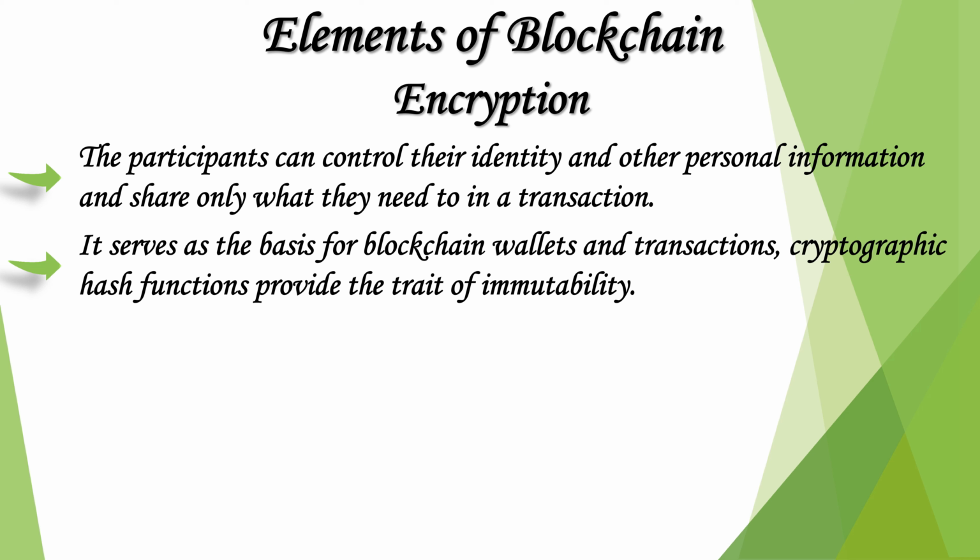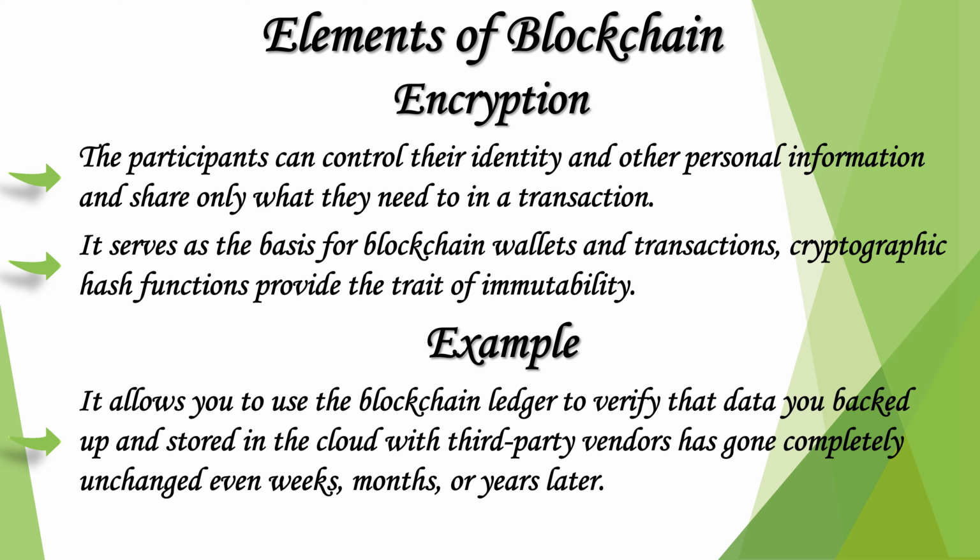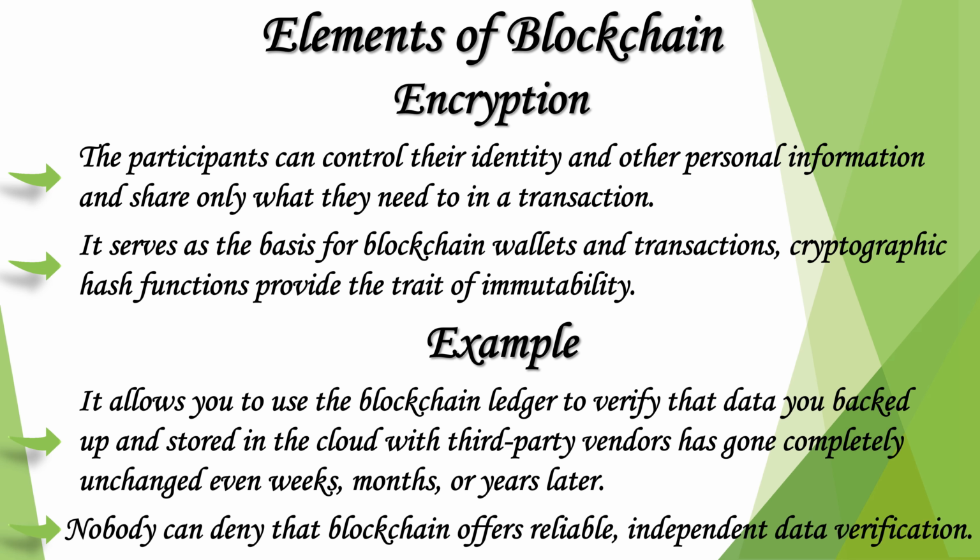Cryptographic hash functions provide the trait of immutability. For example, it allows you to use the blockchain ledger to verify that data you backed up and stored in the cloud with third-party vendors has gone completely unchanged even weeks, months, or years later. Nobody can deny that blockchain offers reliable, independent data verification.